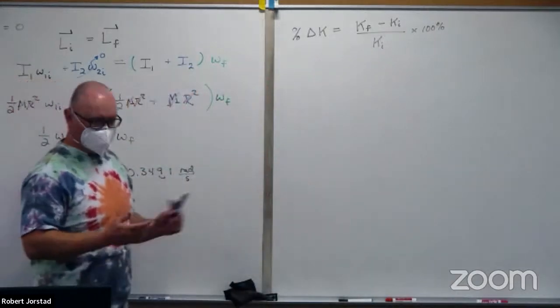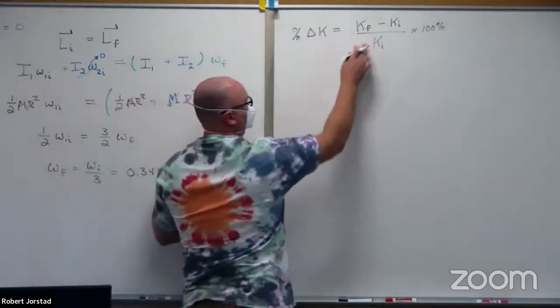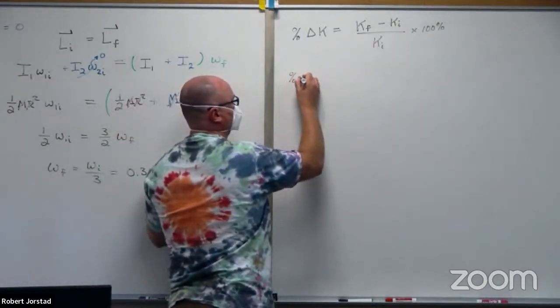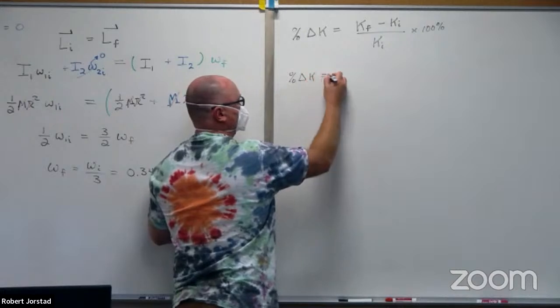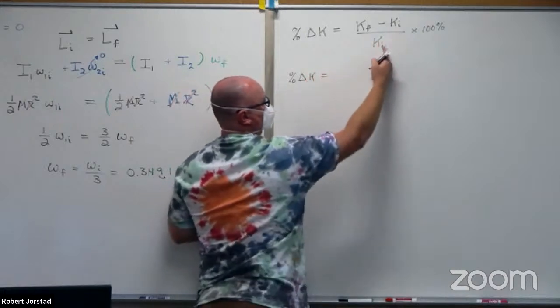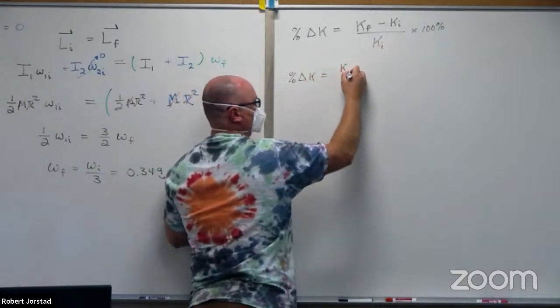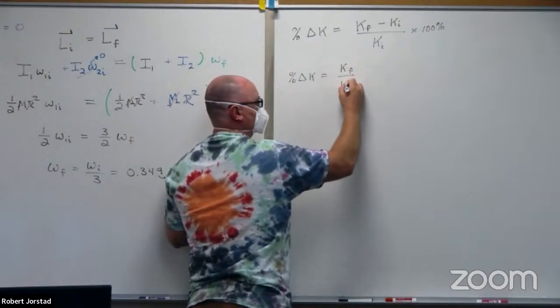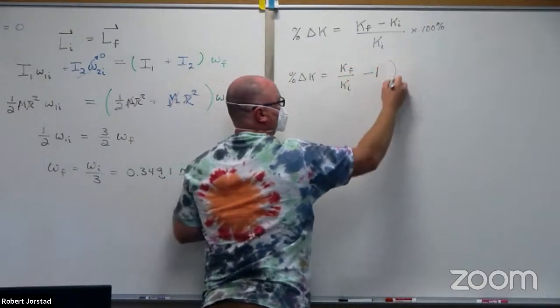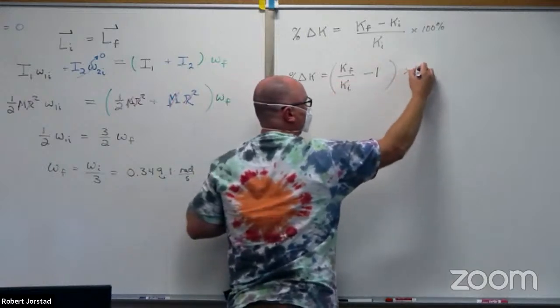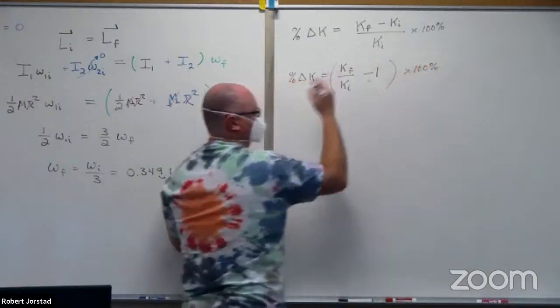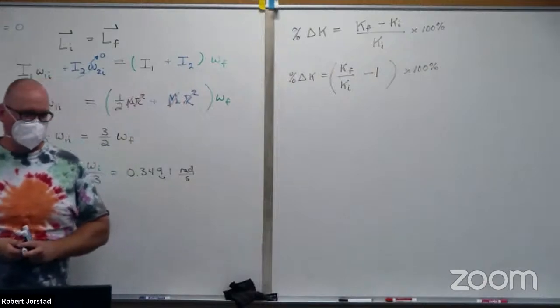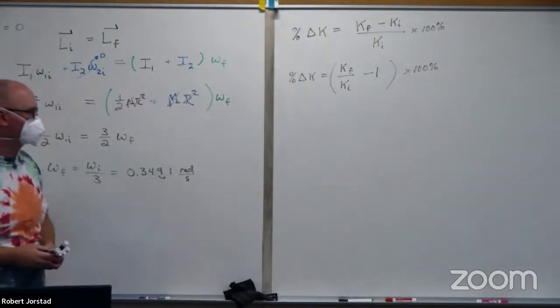Well, we could do this a lot of different ways. I'm going to show you one method that I kind of like. I'm going to rearrange this and just divide through the K initial on each term separately. And that way, it's one less formula I got to plug in, right?